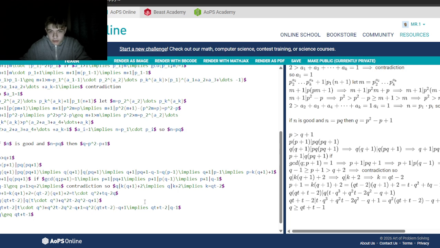We know that t is not equal to 0, so t is at least 1.